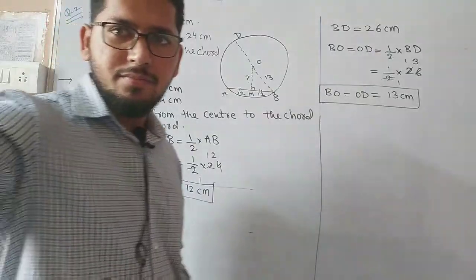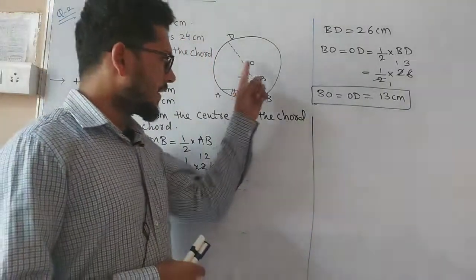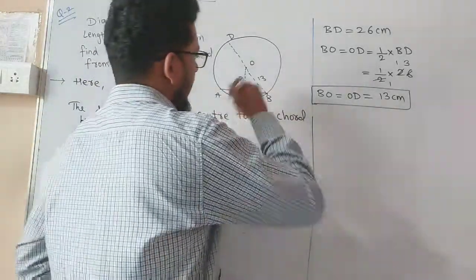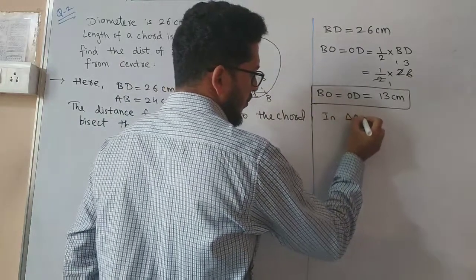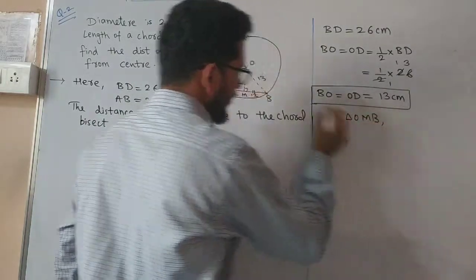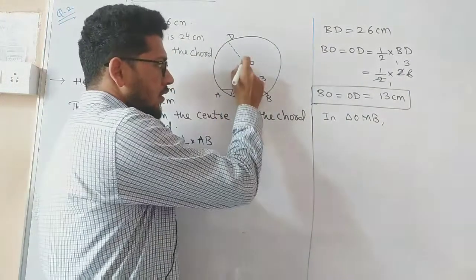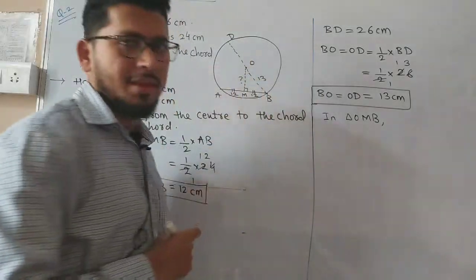Now here we will see in triangle OMB. This is a right angle triangle OMB. You can see here in triangle OMB, OB is the hypotenuse, OM is side 1 and MB is side 2.